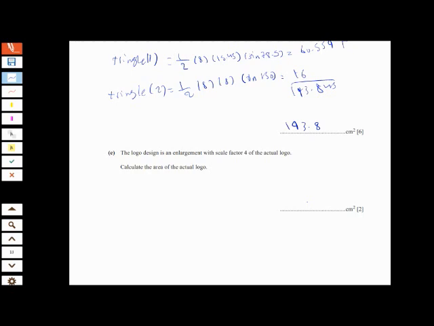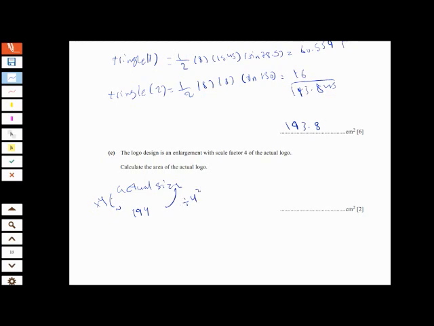Now the logo design is an enlargement with scale factor 4 of the actual logo. Calculate the area of the actual logo. So let's write here actual size. This one is basically 194, divided by 4.